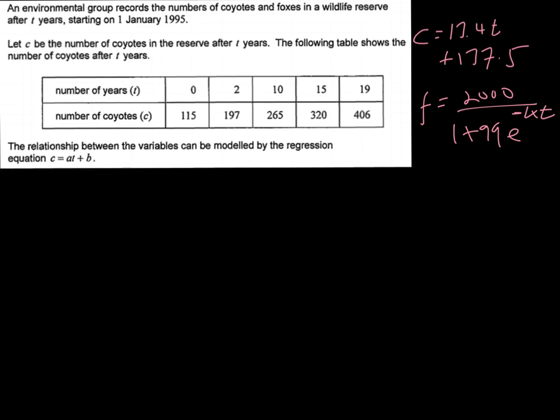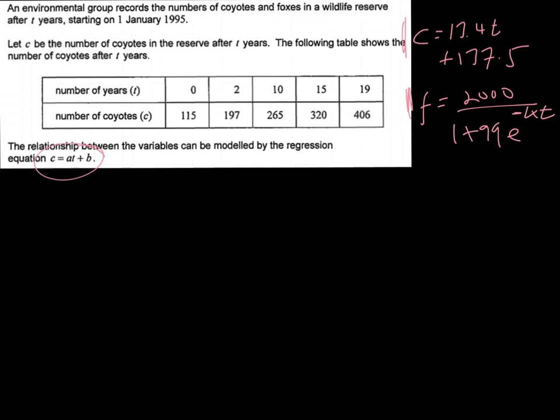In part E, we're asked to find the year in which the number of coyotes is the same as the number of foxes. So we've got our two functions here for coyotes and foxes, and again we're just going to plot these two graphs, and we are going to try and solve them graphically.